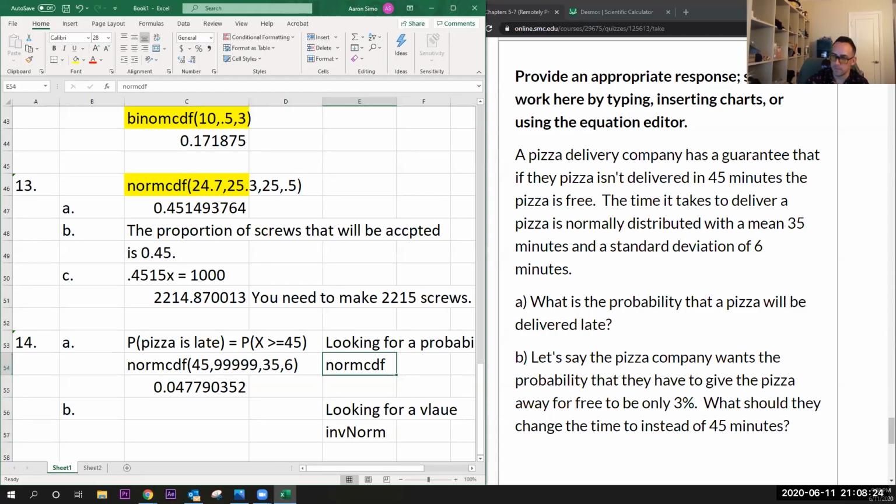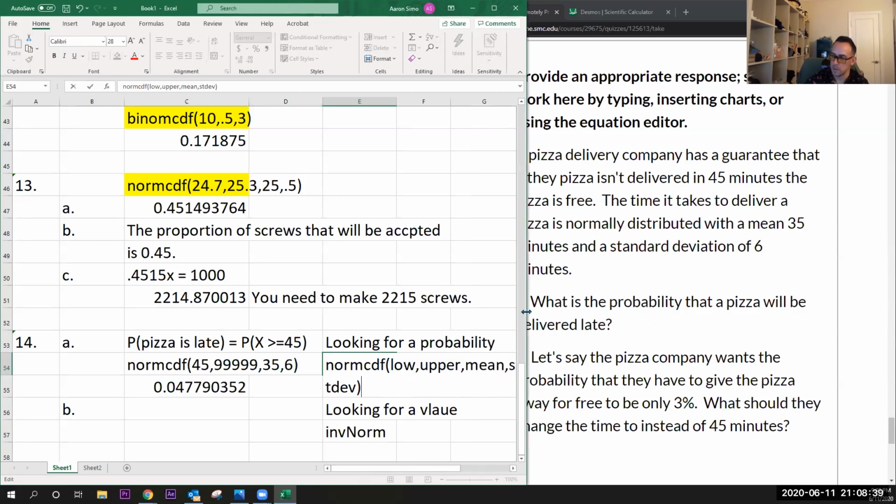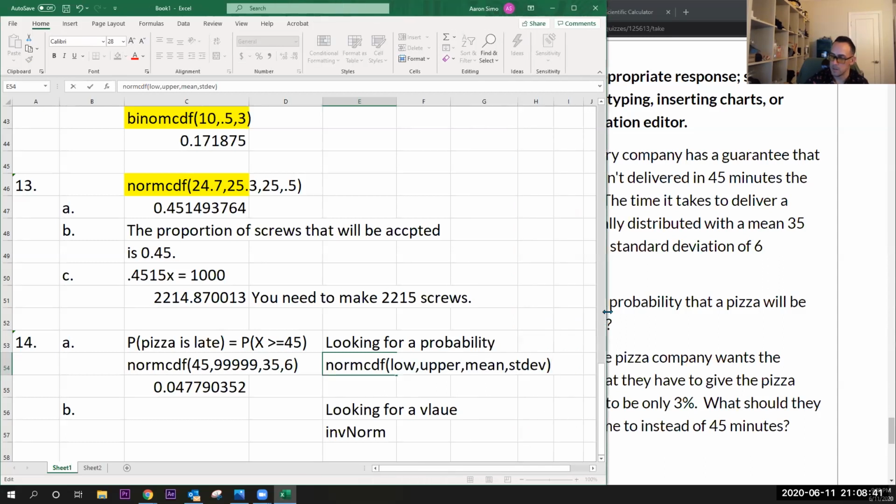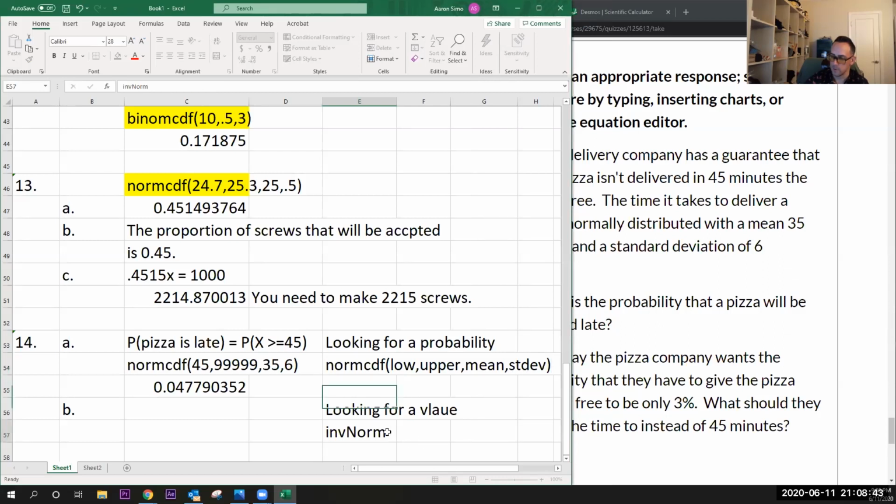For norm CDF, it's always lower, upper, mean, standard deviation. For inverse norm, it's always area to left, and then mean, standard deviation.